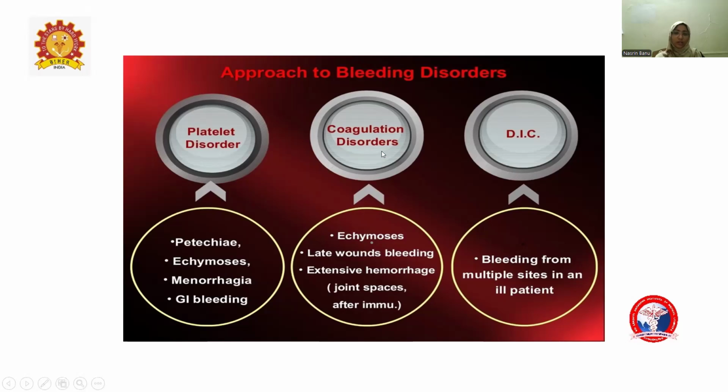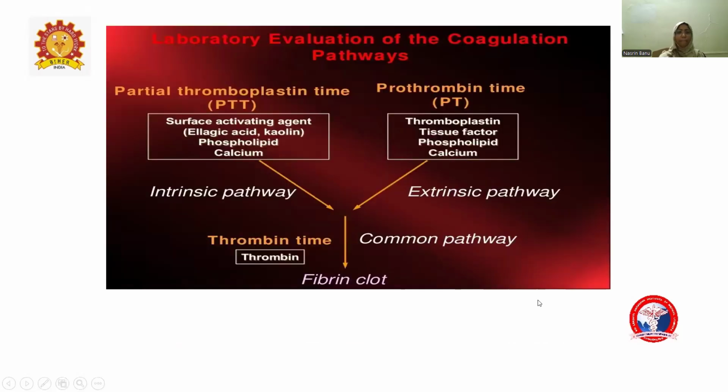And patients with coagulation disorders present with ecchymosis, late wound bleeding, and extensive hemorrhage, like joint space hemorrhage, and following even immunization there will be severe bleeding. These are the symptoms of coagulation disorders. DIC, that is, there will be bleeding from multiple sites in any ill patient.